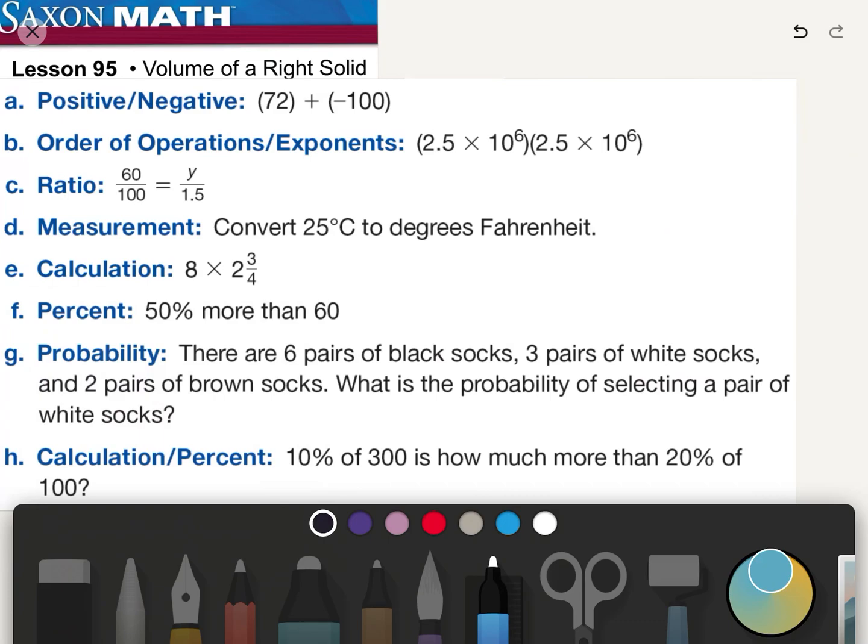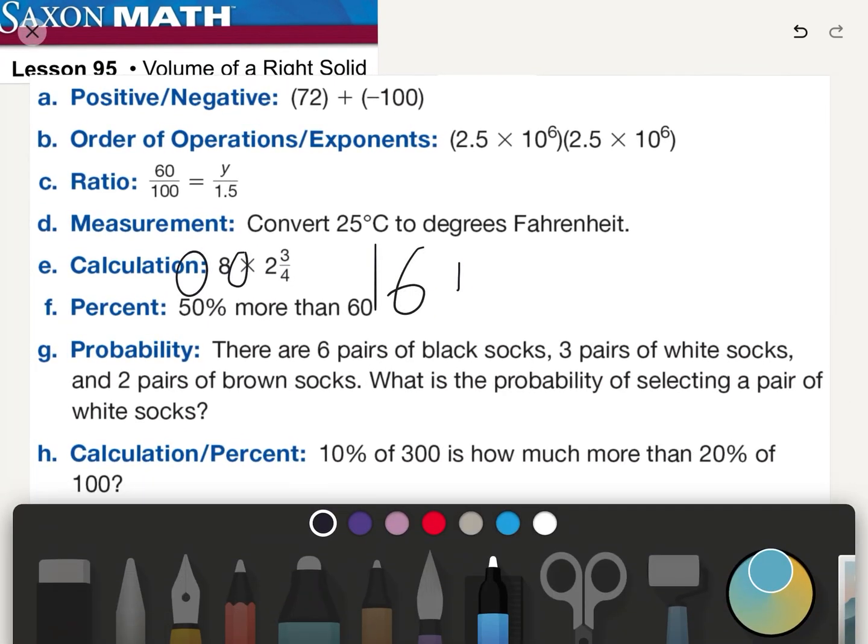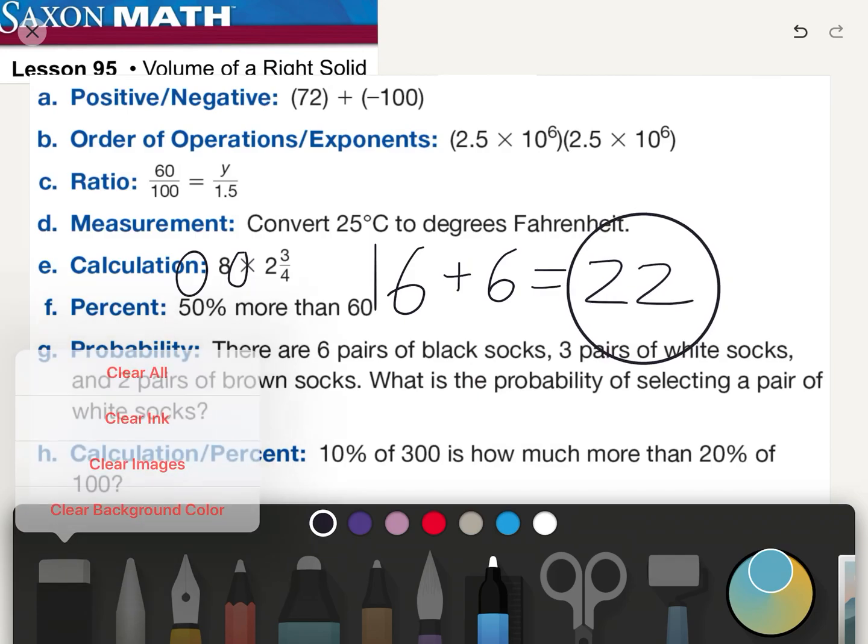Calculation. Well, I can look at 8 times 2 is 16. Then plus, I know 3/4 of 8 is 6, gets us 22.